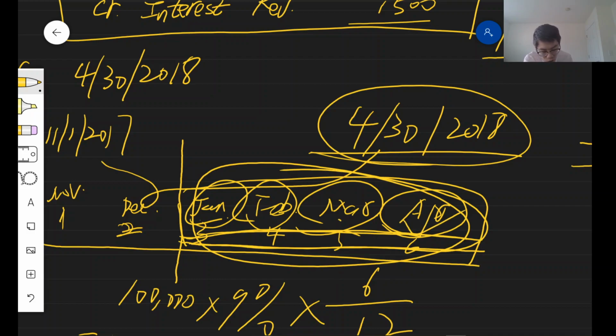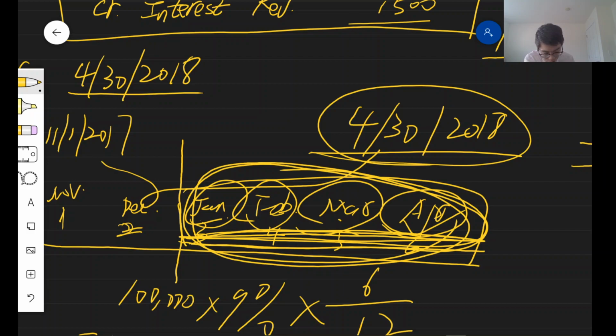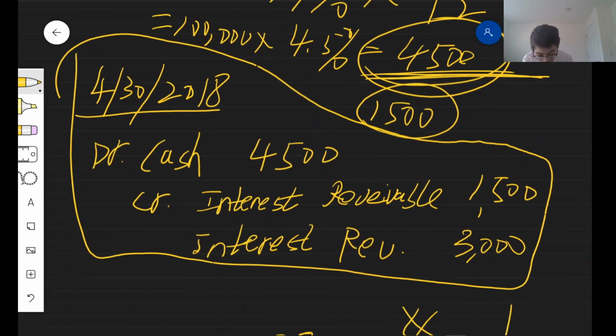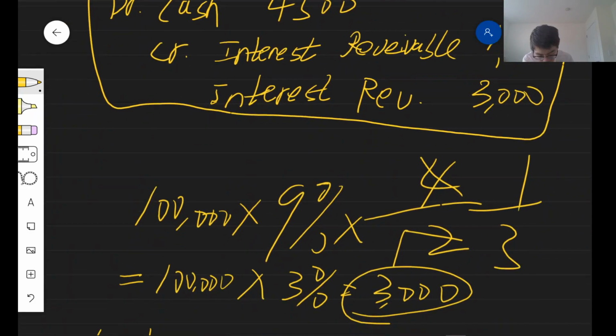We no longer need to re-recognize the interest revenue for these 4 months, because we already recognized it once on April 30th. We no longer need to record it one more time at the maturity date.